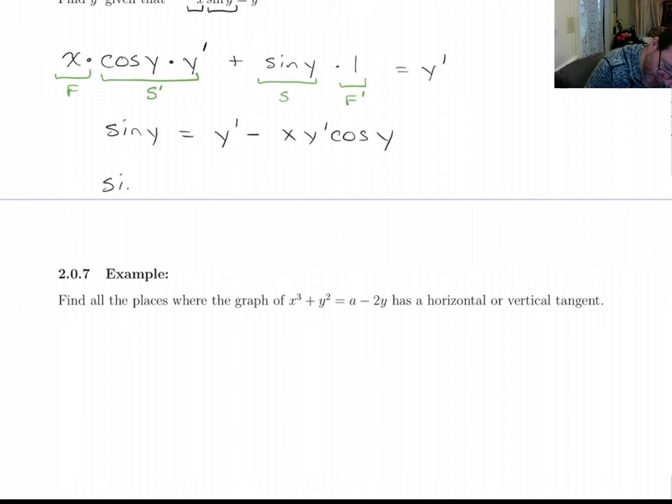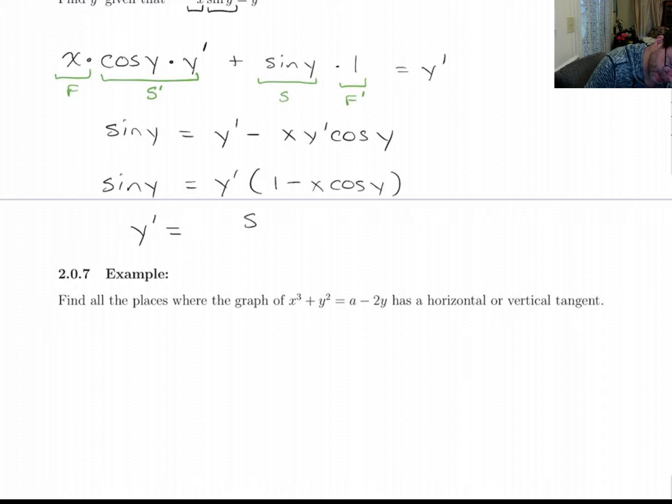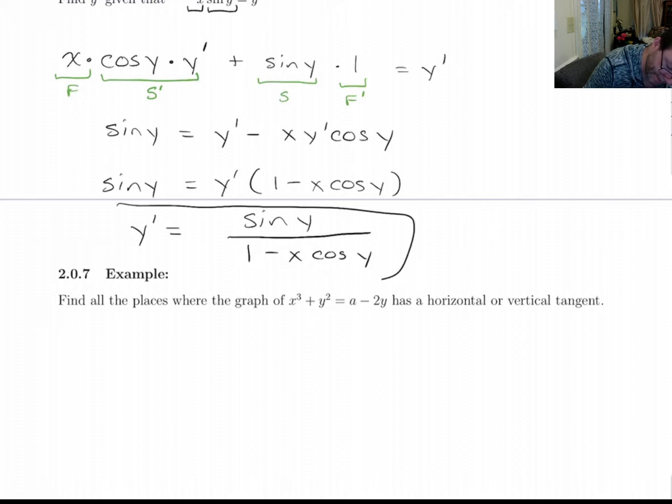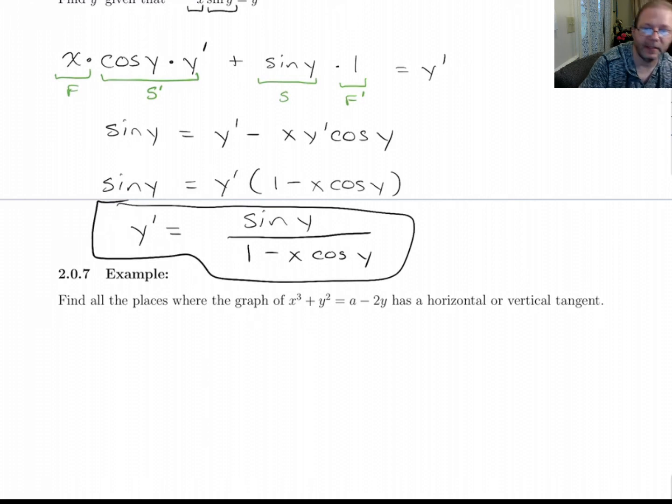So you get sine y is equal to y prime times 1 minus x cosine y. So you get y prime is sine y divided by 1 minus x cosine y. And that's it. All right, I think we'll stop here.